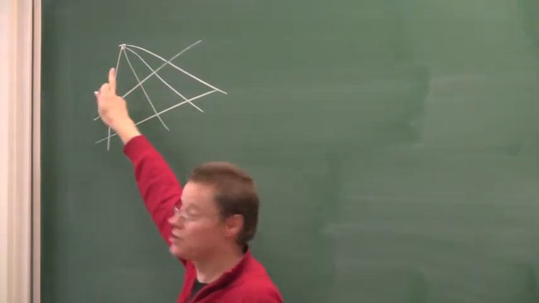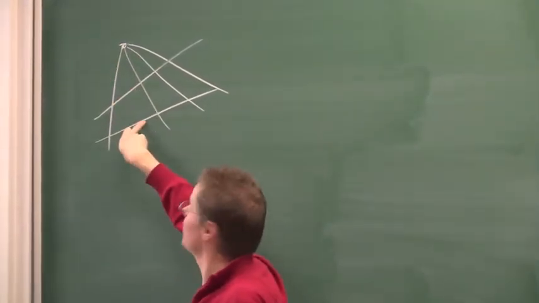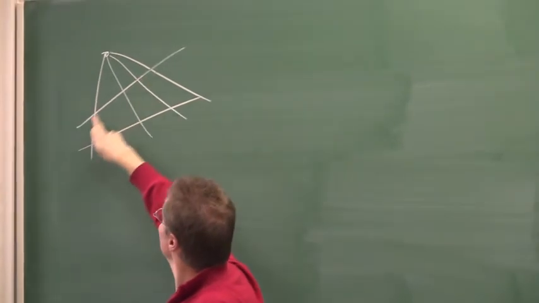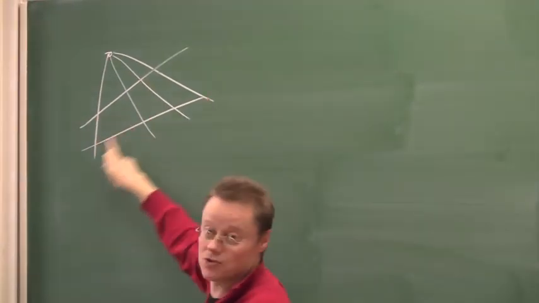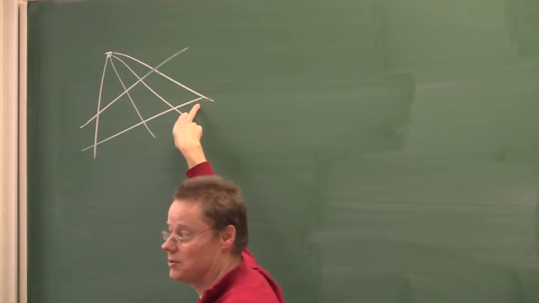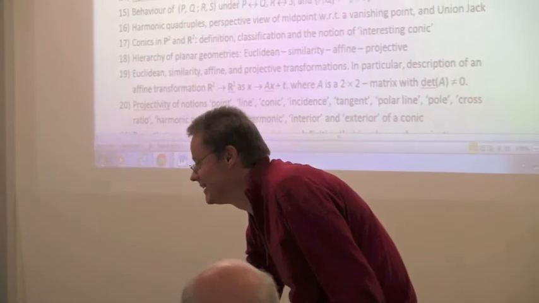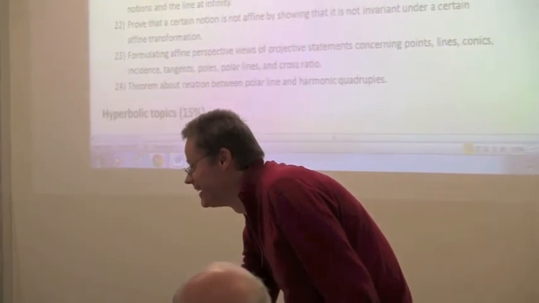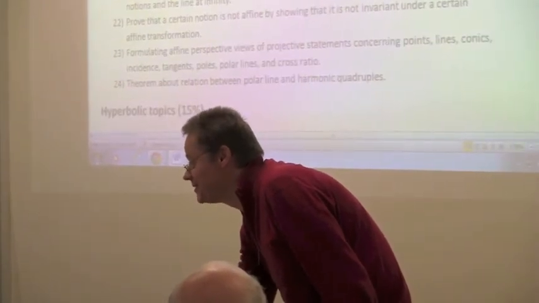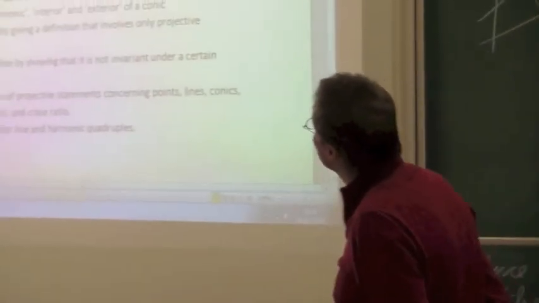If I project from a point from one line to another line, the cross ratio of these 4 points is the same as the cross ratio of these 4 points. It's fundamental. Then Stillwell's definition is much more important, I think. More famous, at least. It's certainly better.